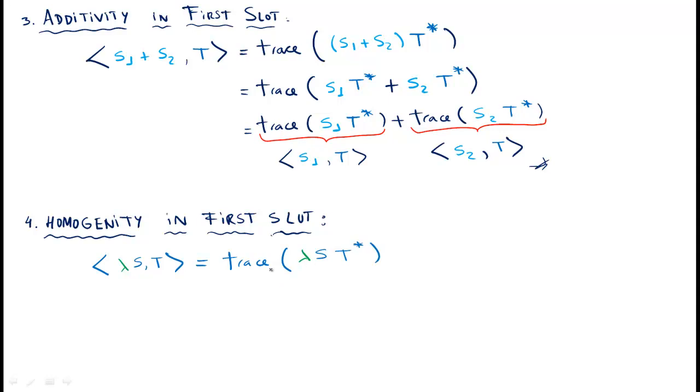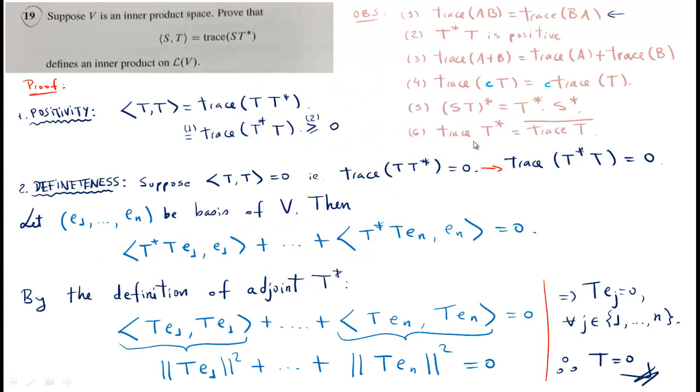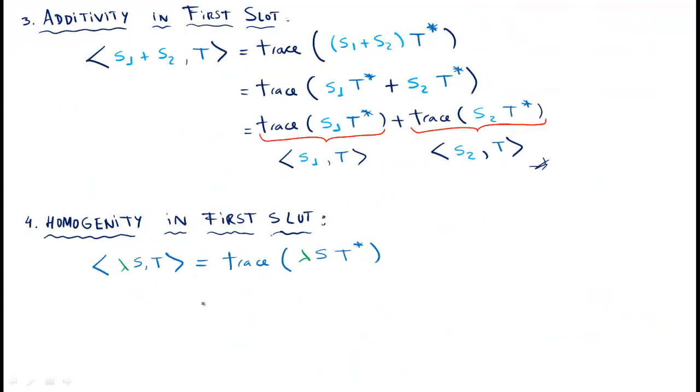By the property of the trace, the scalar leaves the trace. So this is equal to lambda times the trace of S times T adjoint. And by definition, this is lambda times the inner product of S and T.